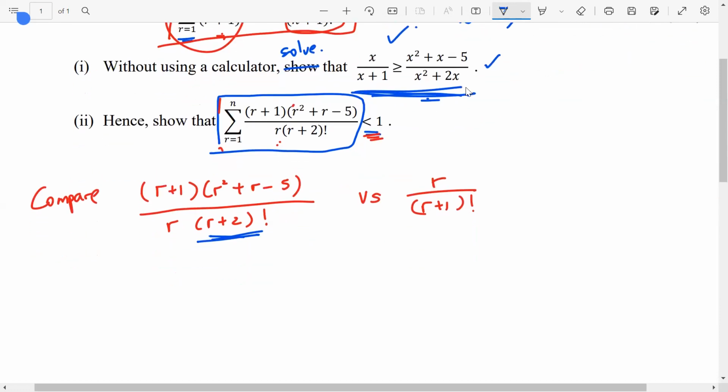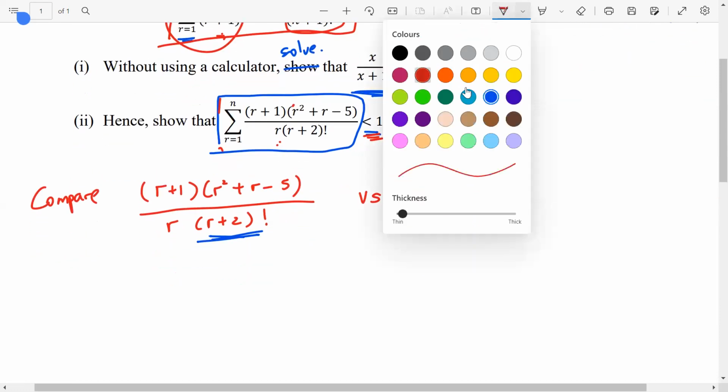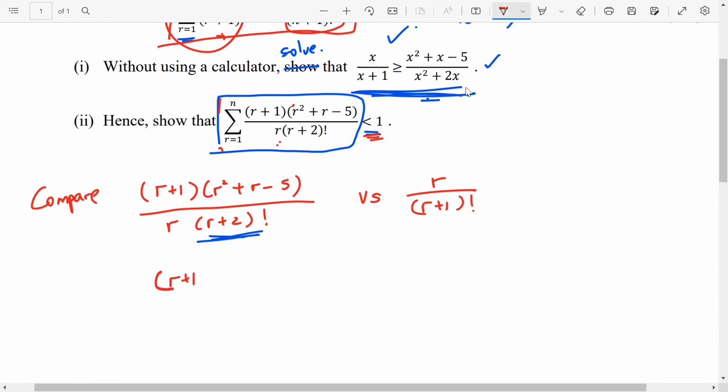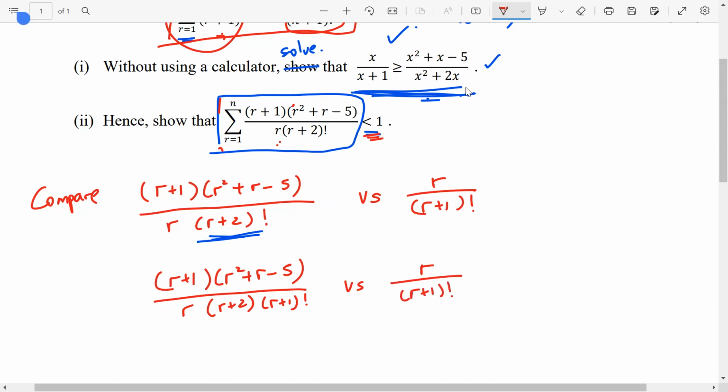Essentially you are going to compare, changing back to red, r plus 1, r squared plus r minus 5 over (r+2) times (r+1) factorial. Why I do this is because there's an (r+1) factorial. I'm quite sure you all can see this r squared plus r minus 5 is related to this one already. So we want to try to bring this in later.